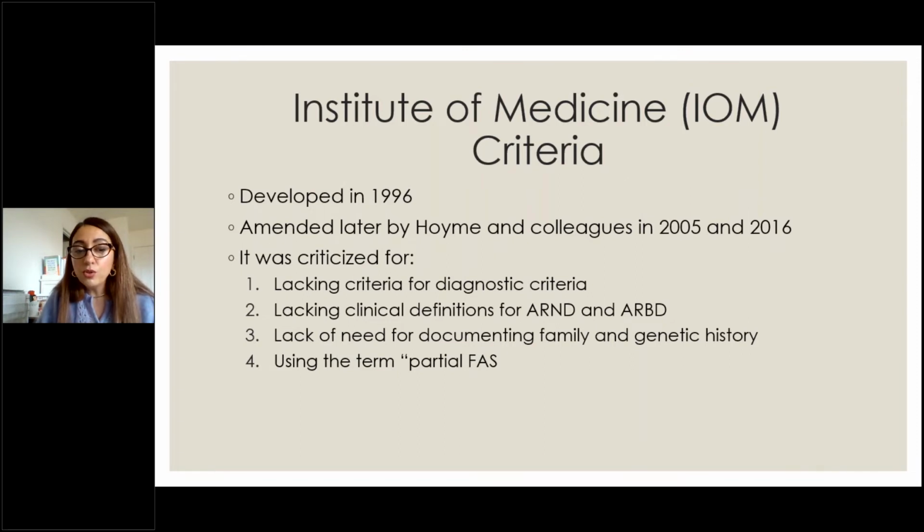They also used the term partial FAS, which we do not use anymore. The field did away with fetal alcohol effects. And they also did not really document the family or genetic history.